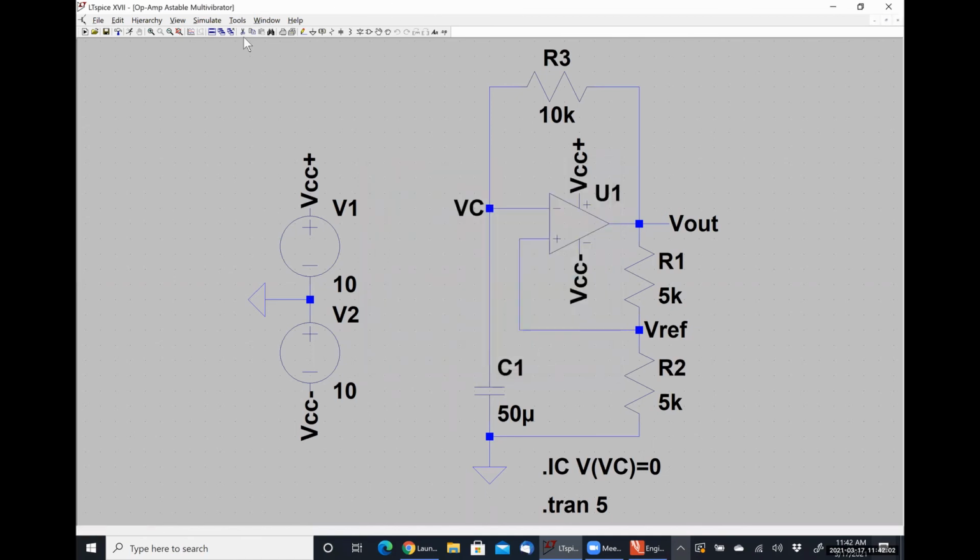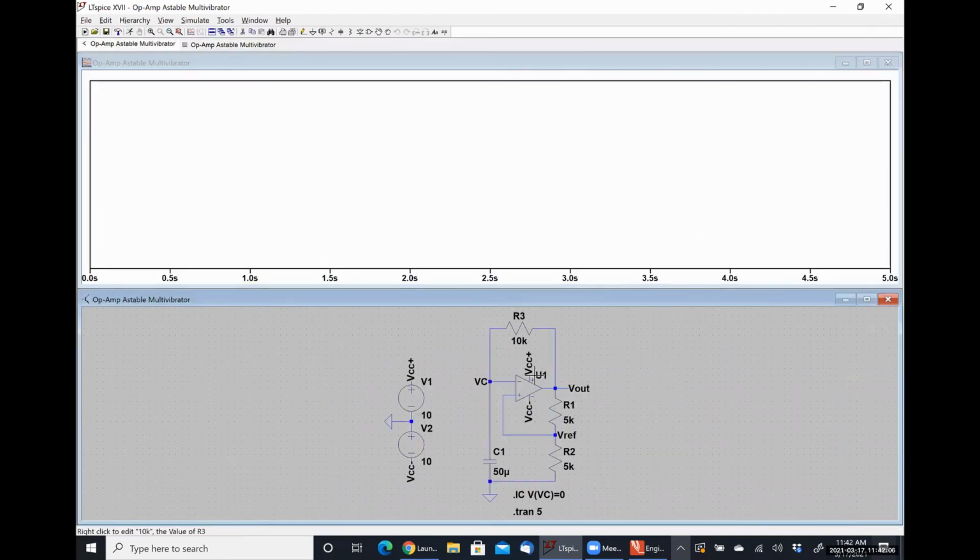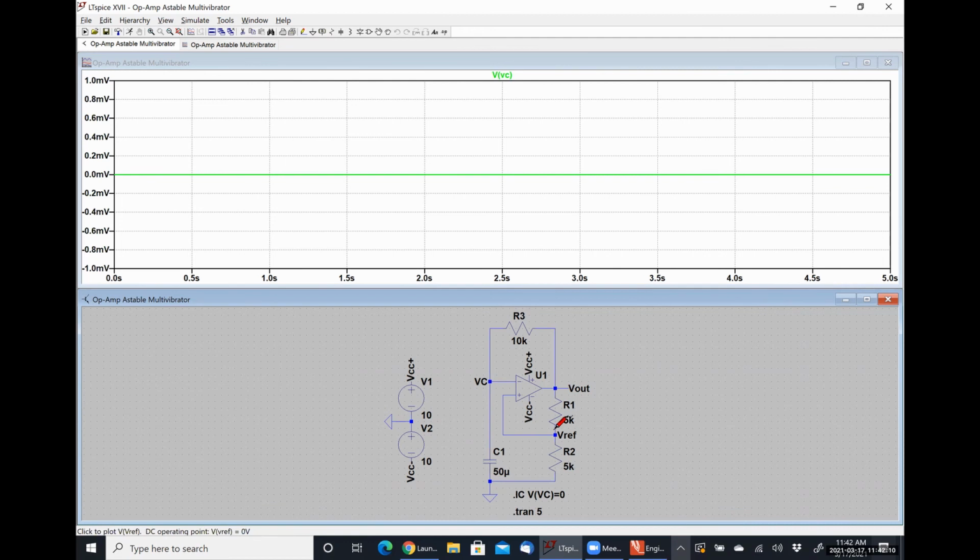So if I run my simulation here and I look at my output signal, let's plot VC, VREF, and Vout. Everything is 0, okay? The reason that it's treating everything as 0 is because this is an ideal op amp.